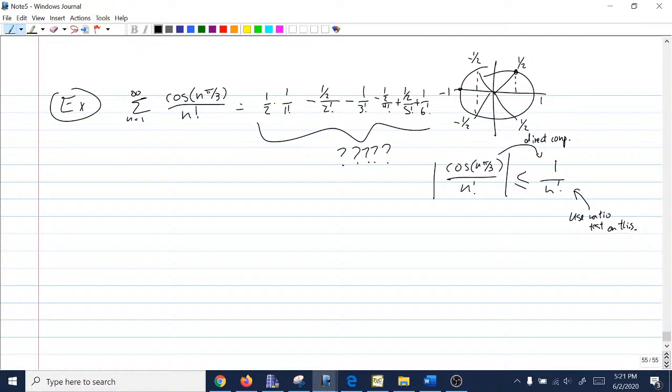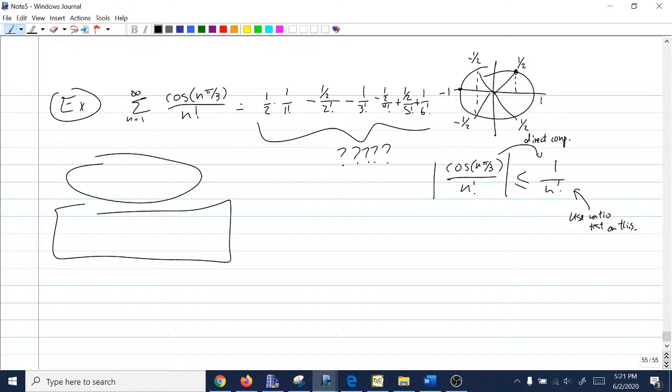Cool. In this situation, I like making a paragraph sandwich. I would do math stuff to show the inequality. Then I would write text to say, that means the series you gave me converges if I can show that 1 over n factorial converges, and I will show that by using the ratio test. Now I do gross math stuff to show that this thing converges by the ratio test.